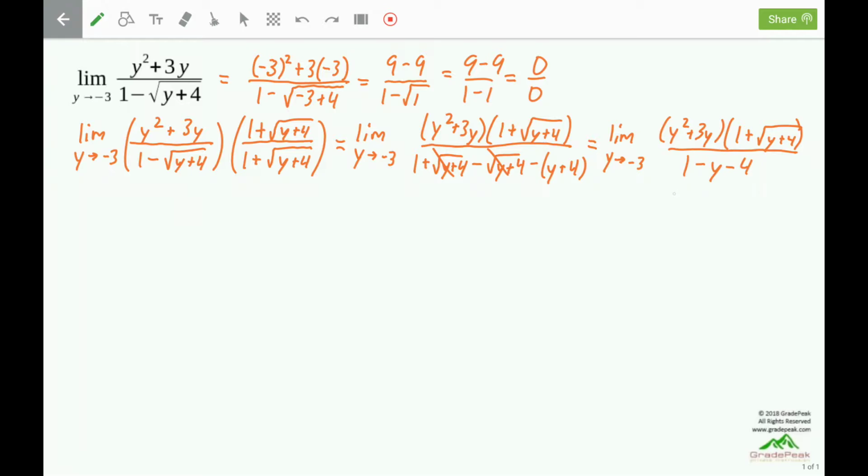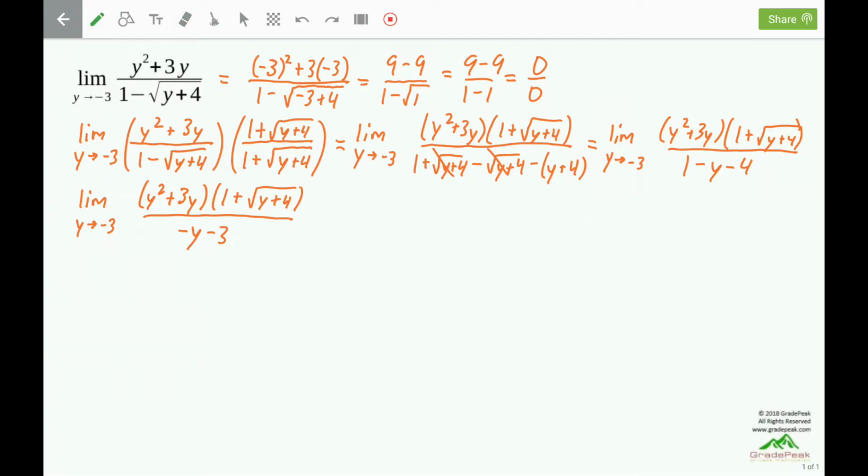We can now combine the 1 and the minus 4 together with each other. So this will give us limit as y goes to negative 3 of y squared plus 3y times 1 plus the square root of y plus 4 over, in the denominator, negative y, and then the 1 and the negative 4 make negative 3.